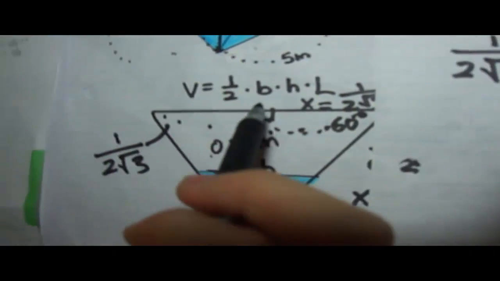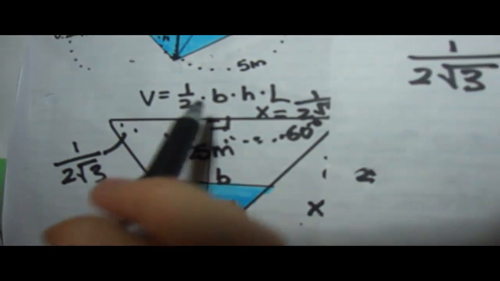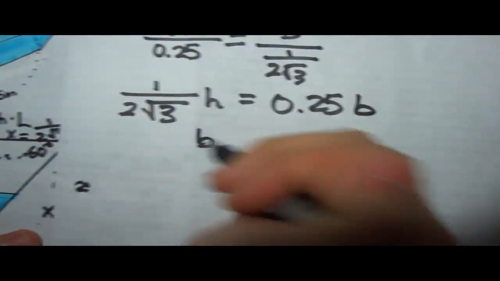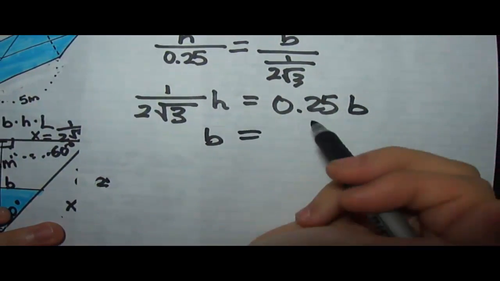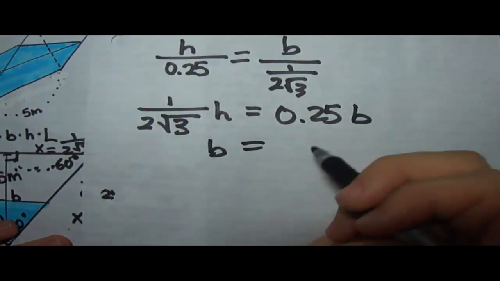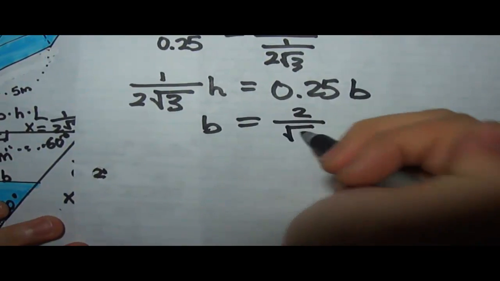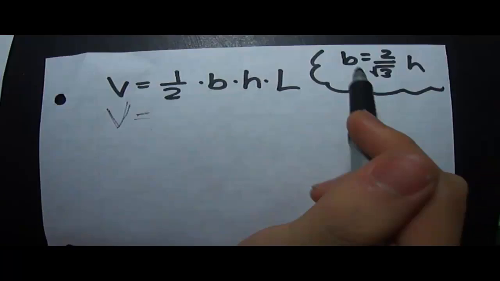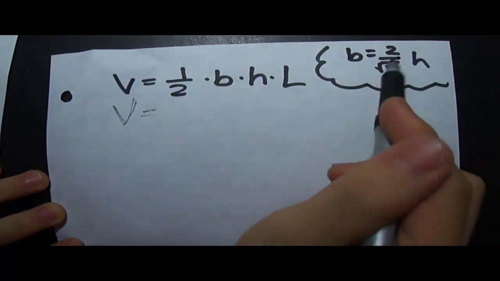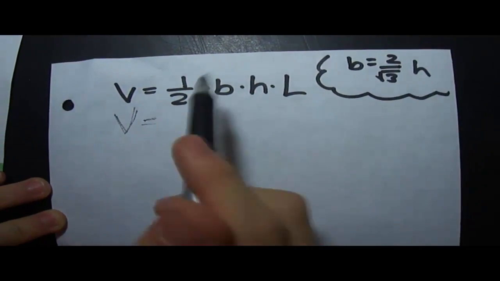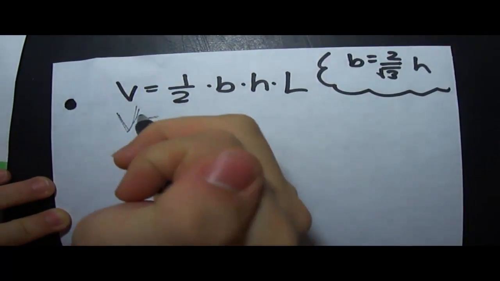So we're going to choose to eliminate b and make that in terms of h. So if we divide both sides by 0.25, it becomes 2 over root 3 h. So now we have b equals 2 over root 3 times h, so we can sub back into the equation.